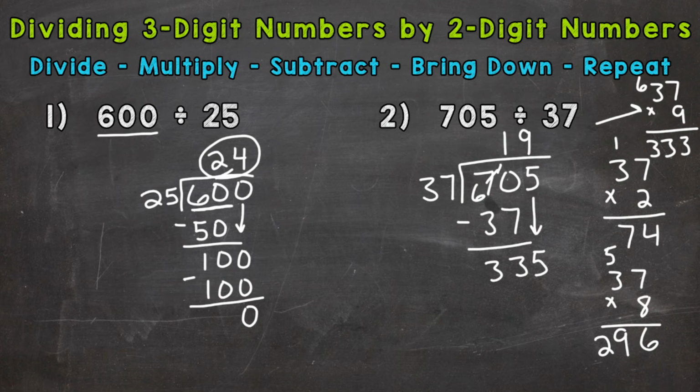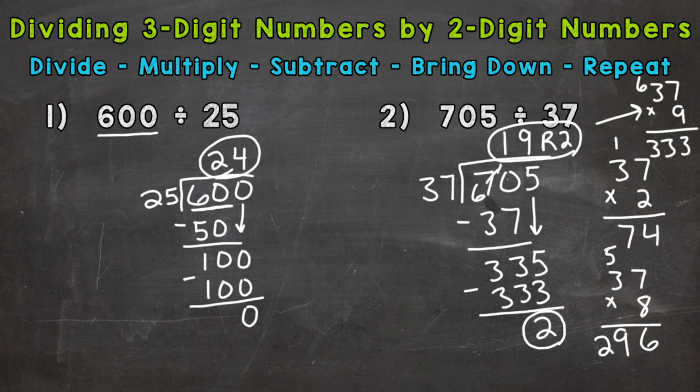We just did that problem right here. 37 times 9 is 333. Subtract, we get 2. Now we went all the way over to the ones place, so we don't have anything else to bring down. This is our remainder. The answer didn't work out to be a perfect whole number there. We have something left over. So our answer is 19, remainder 2.